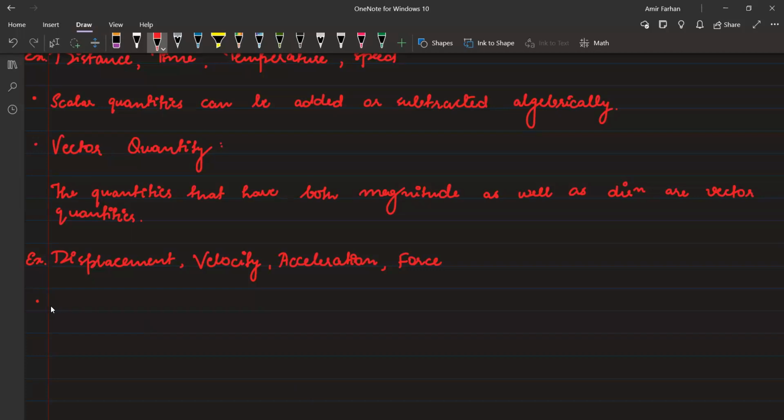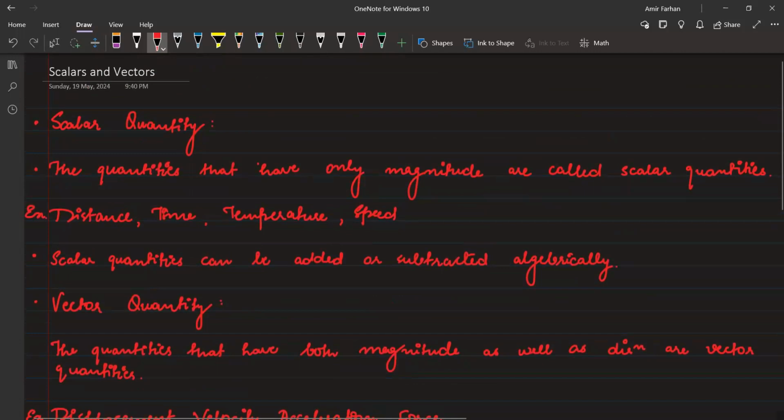So vector quantities follow vector algebra.